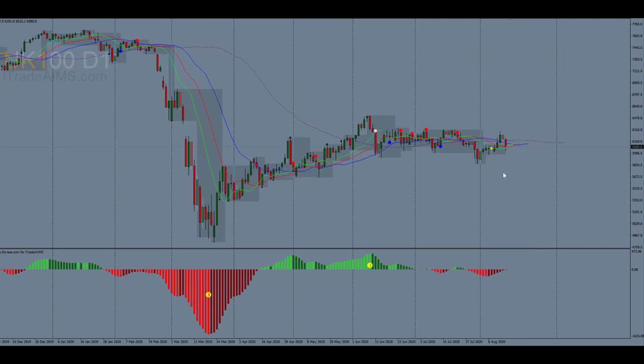The UK 100. The UK economy is not really doing well. We are doing well with the pandemic, which also means that most of the businesses are suffering, but health is most important. So we are officially in a recession.